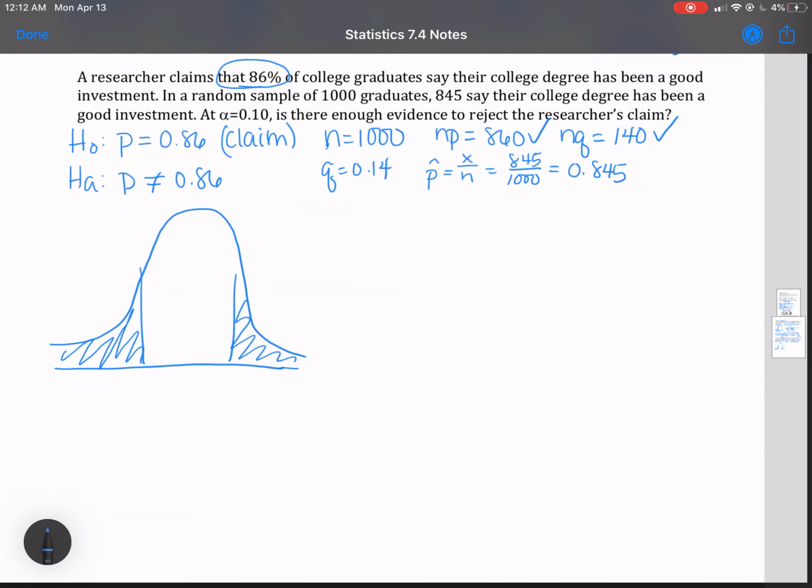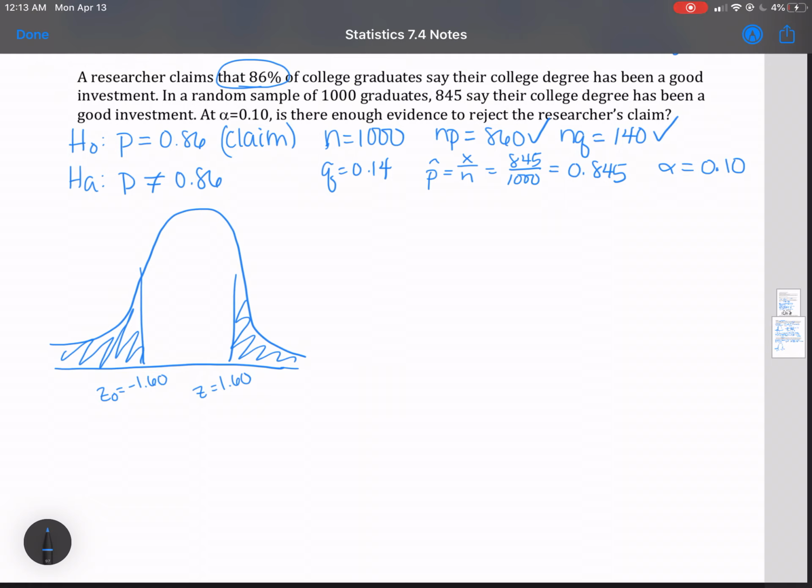So we also know alpha is 0.1. So since we're two-tailed and alpha is 0.1, looking at table 5, moving down to the infinity row, we find that our critical values are negative 1.60 and positive 1.60.